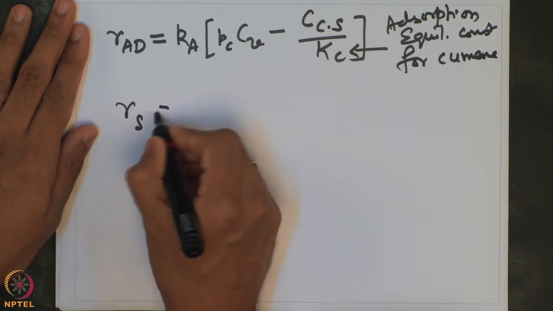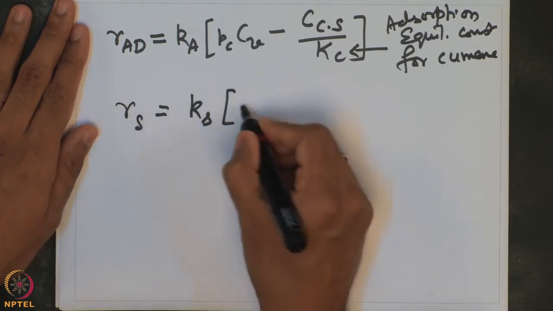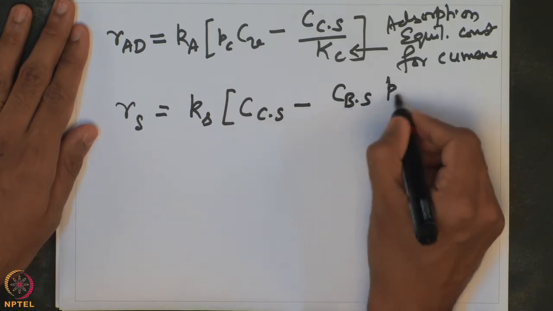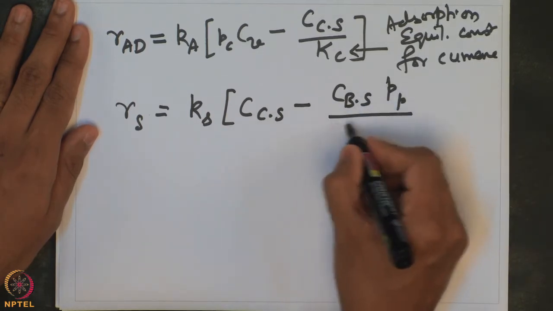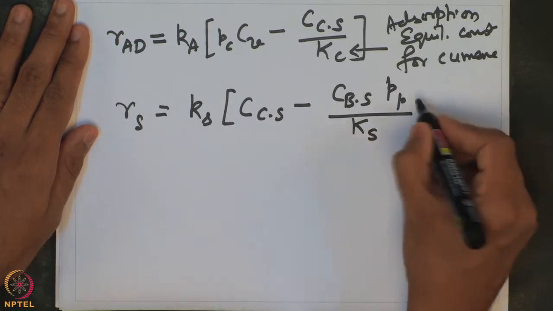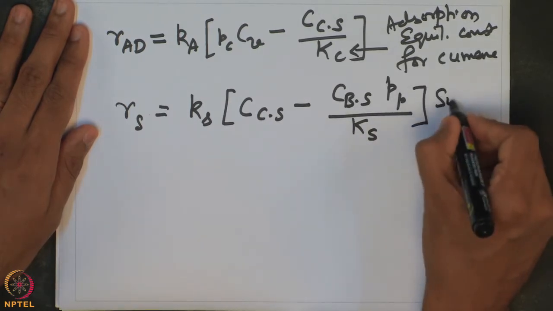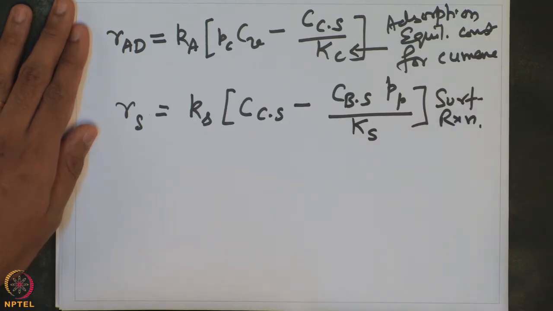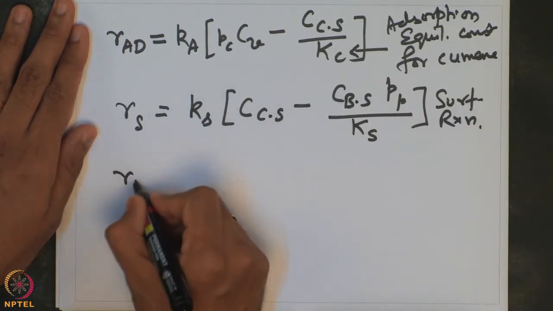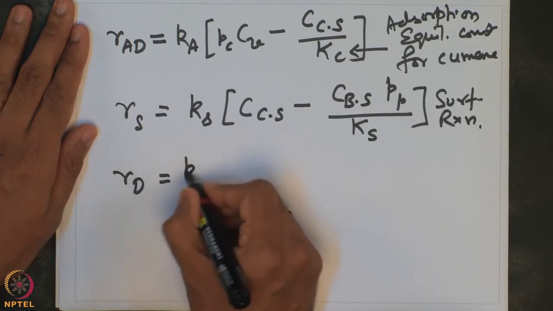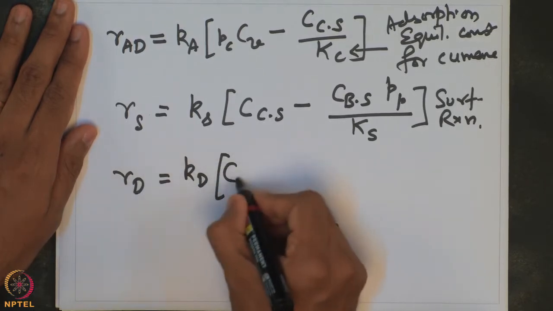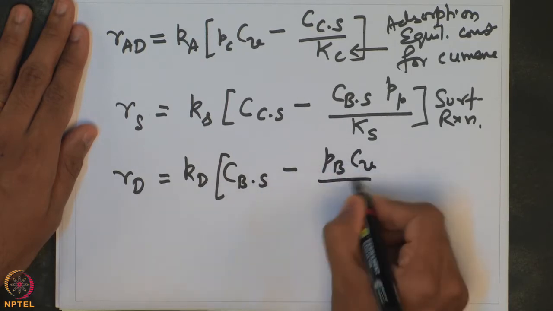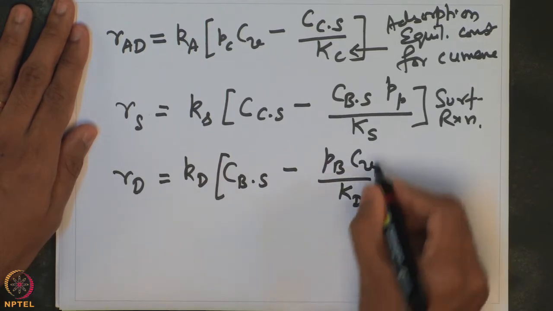Similarly, for the surface reaction it is Ks times (Cc.S minus Cb.S times the partial pressure of propylene divided by Ks), and this is for the surface reaction. And then we have Rd, the desorption step, which is Kd times (Cb.S minus Pb Cv divided by Kdc).